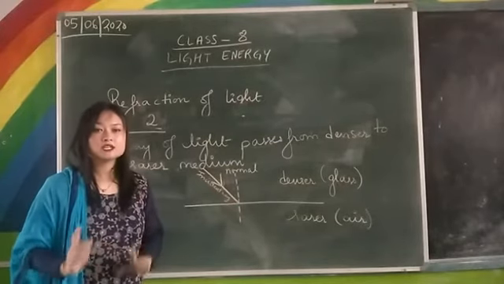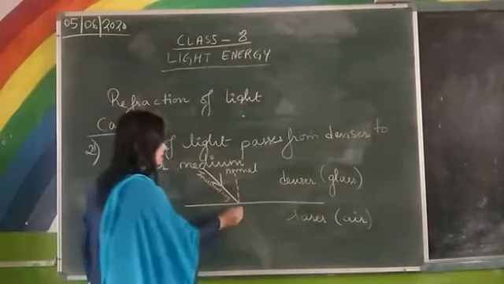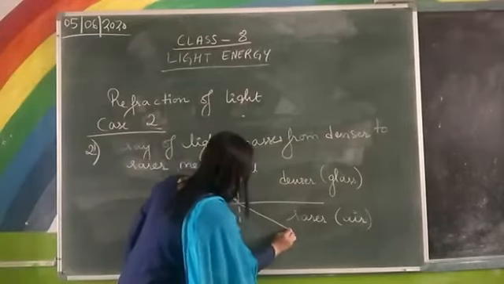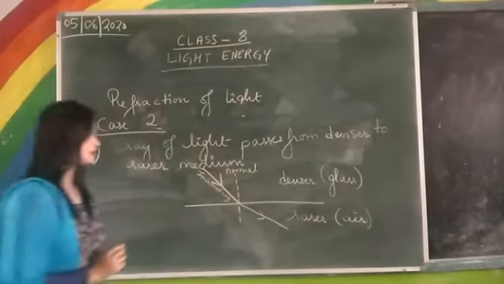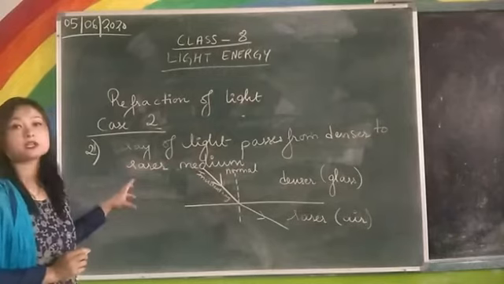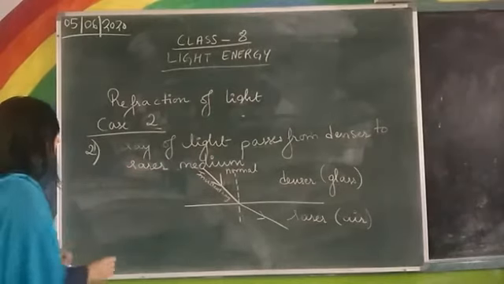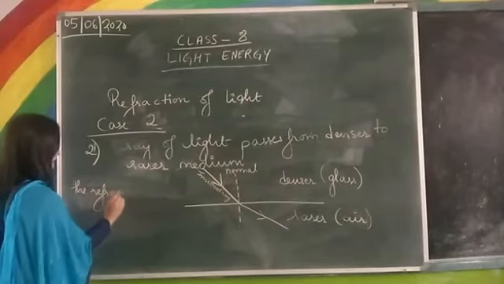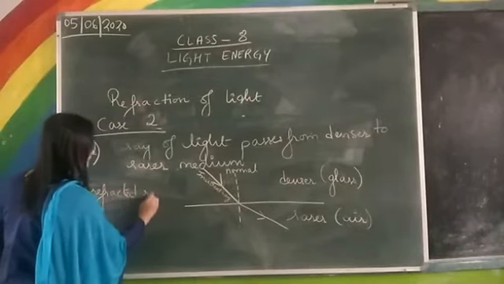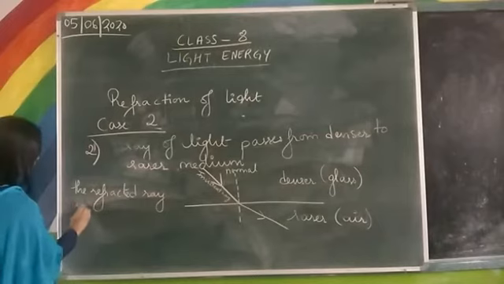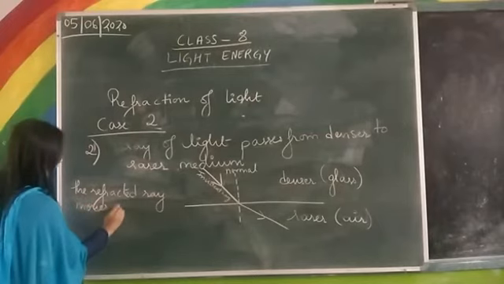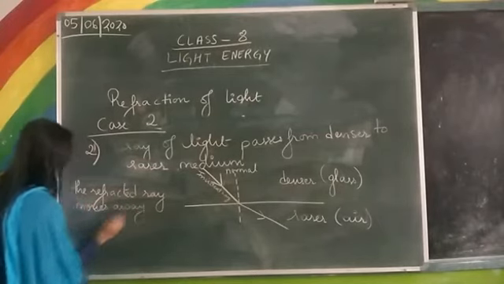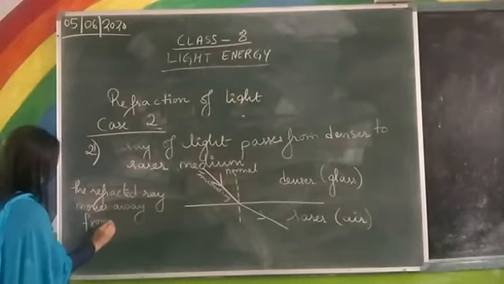Its speed increases and when the speed of the light increases, it moves away from the normal. So just the reverse of what was in the beginning, in case 1. That is, what will happen? The refracted ray moves away from the normal.